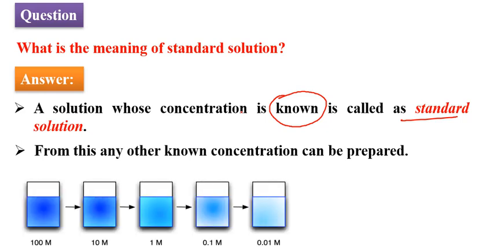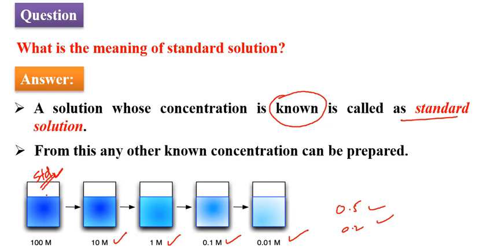That means the first one is the standard solution. From this standard solution, we can make 10 M, 1 M, 0.1 M, 0.01 M. It may be different, 0.5, 0.2, whatever you can prepare. But at least you have to know the first solution.